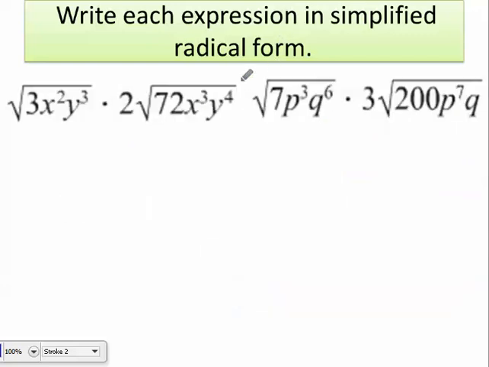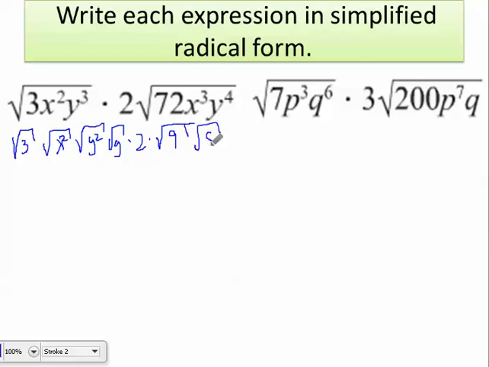Okay, so let's see here. What do we got in this case? We've got the square root of 3, square root of x squared, square root of y squared, square root of y, times 2 times the square root of 72. That's 9 times 8. Square root of 8. Well, that's 4 times 2. Square root of 4.